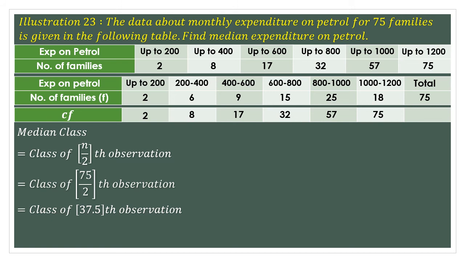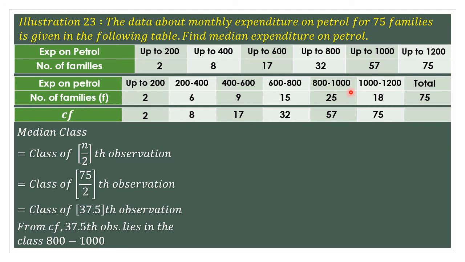As you can see in the CF, 37.5 lies within the CF of 57, so the class here is 800 to 1000. So the median class is 800 to 1000.